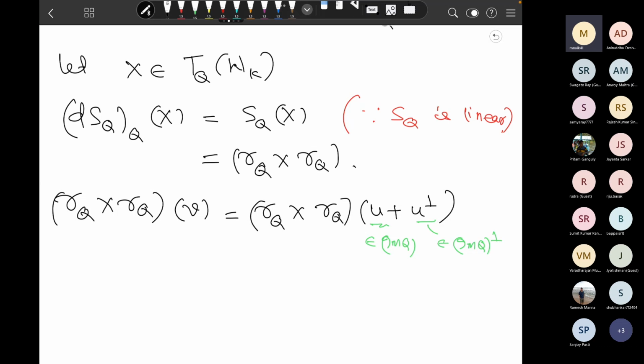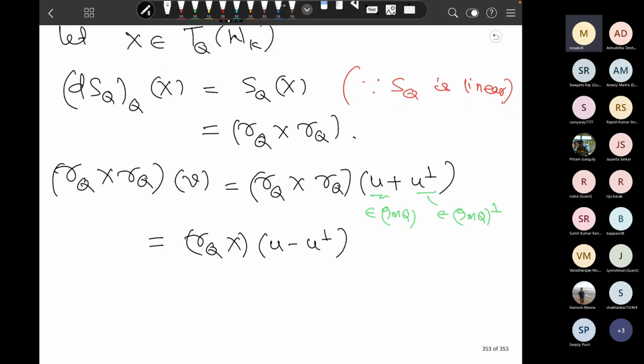Now if you look at the description of R_Q, it is identity on the image of Q and minus identity on the image of Q perp. Therefore it will be R_Q X(u minus u perp), which is R_Q(Xu minus Xu perp) because X is linear.